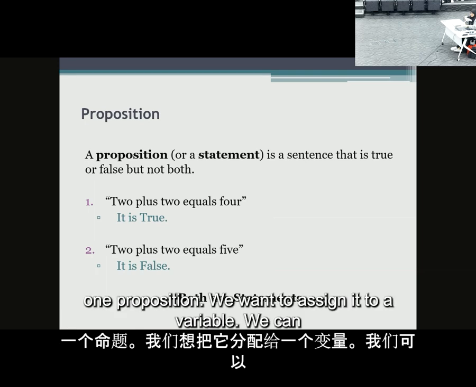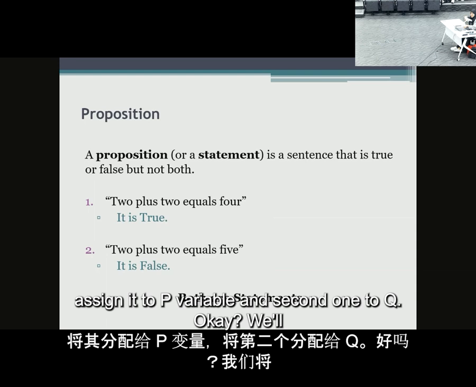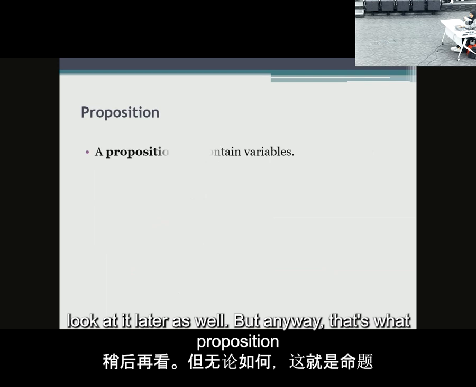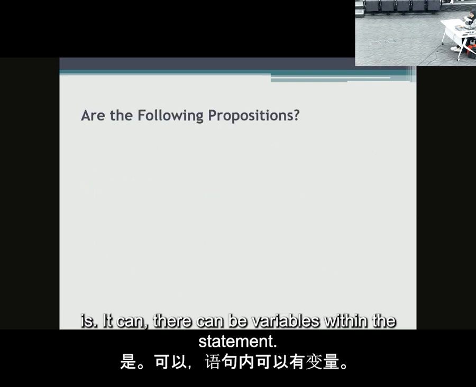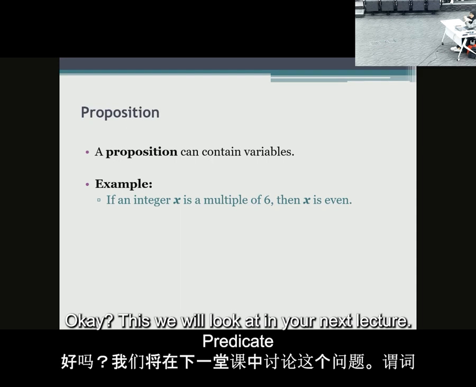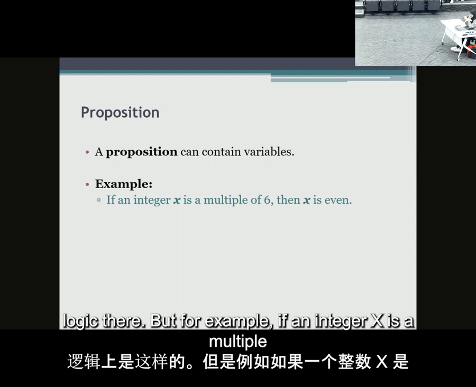So let's say this is one proposition. We want to assign it to a variable. We can assign it to P variable and the second one to Q. We'll look at it later as well, but anyway, that's what a proposition is. There can be variables within the statement. This we will look at in your next lecture, predicate logic.